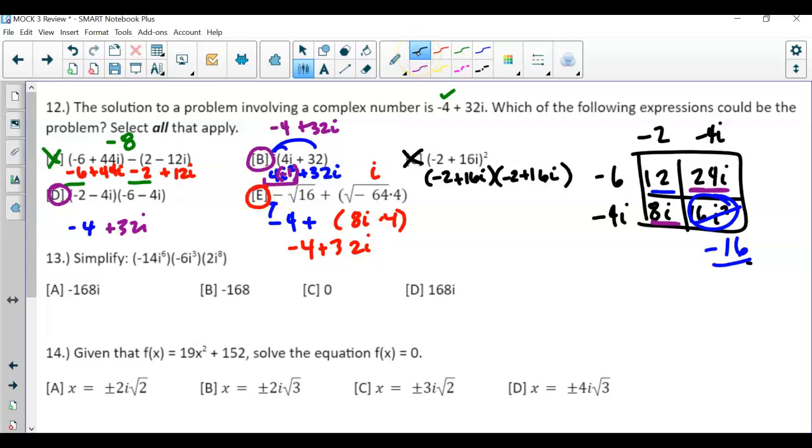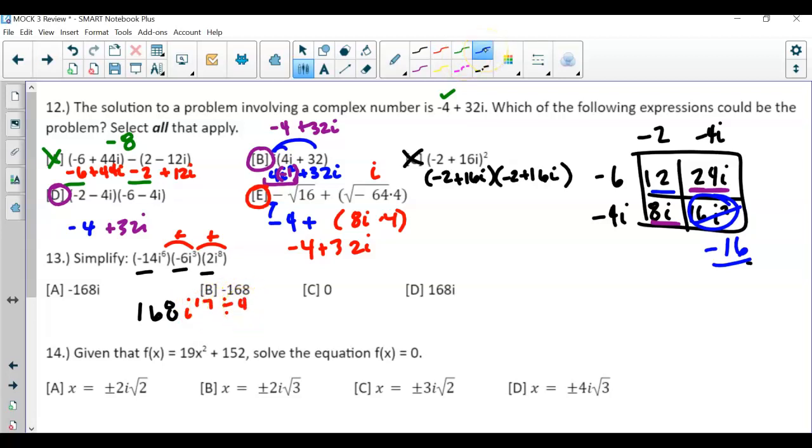So now with question number 13, here you are multiplying all of the front coefficients. So here that gives you a positive 168. Then remember, when multiplying, you now need to not multiply the exponents, but add the exponents. So now you're going to end up with i to the 17th. Now we use our quarter method and divide by 4.